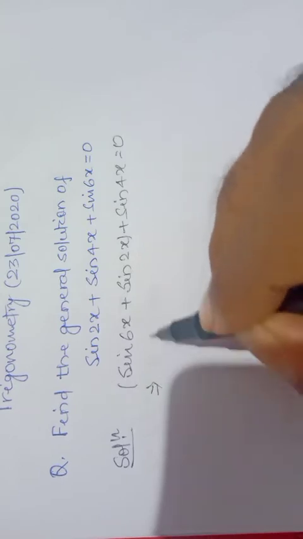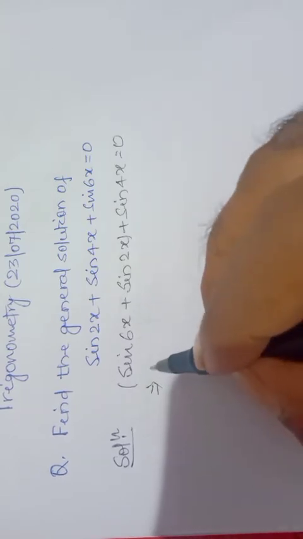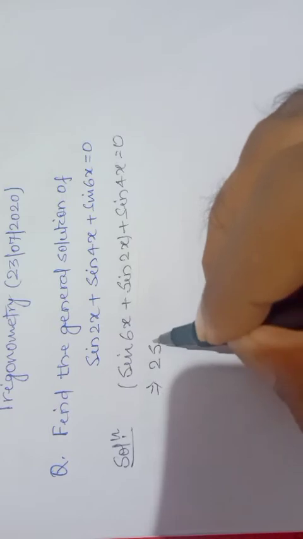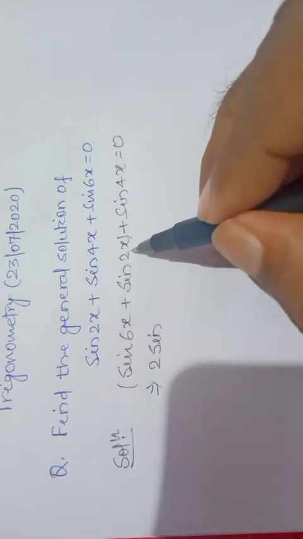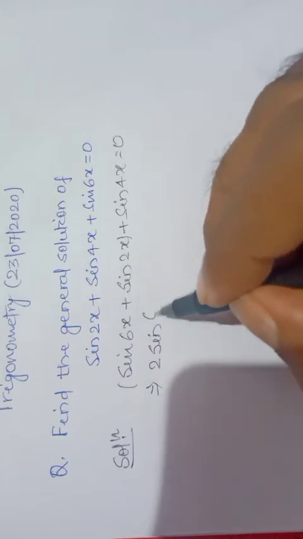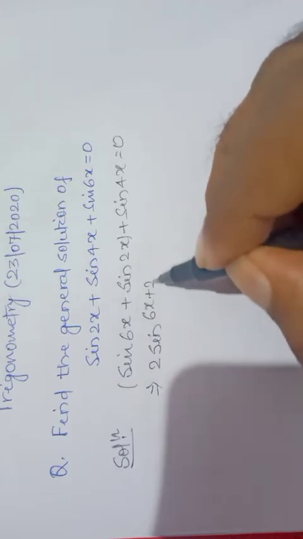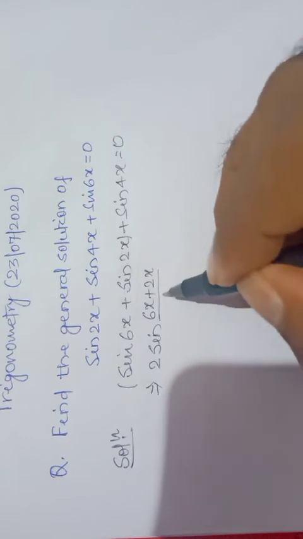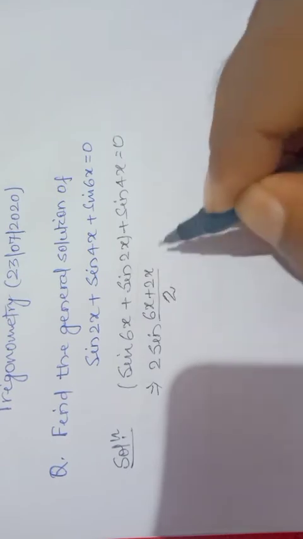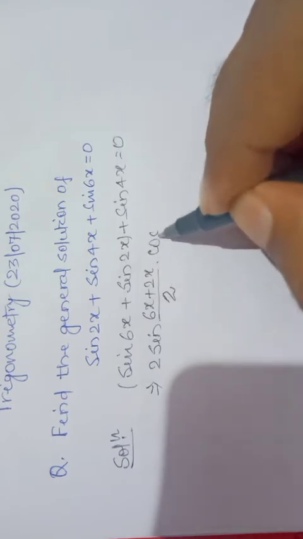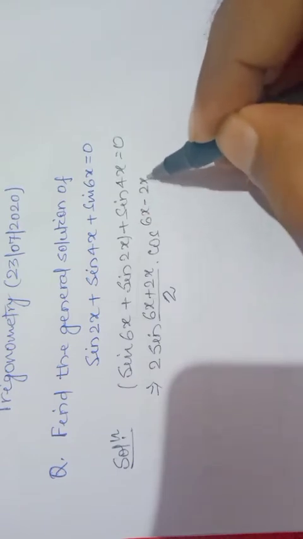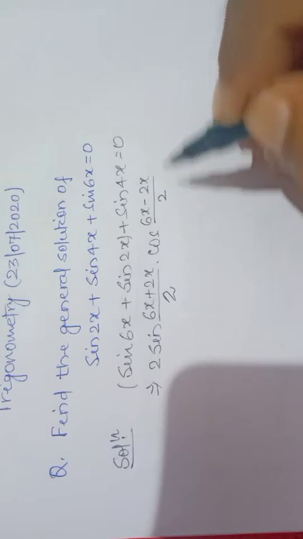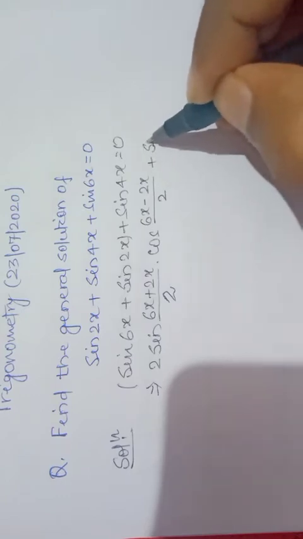According to the formula it should be 2 sin of (6x plus 2x) divided by 2, into cos of (6x minus 2x) divided by 2, plus sin 4x.